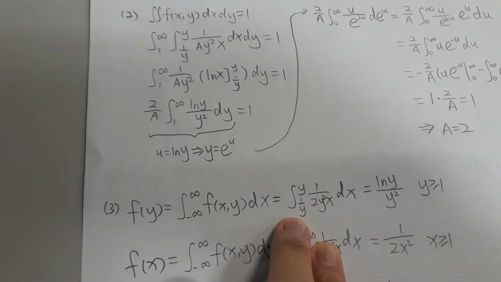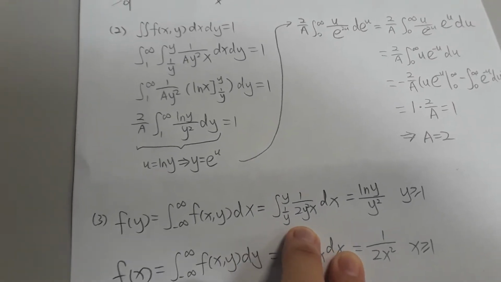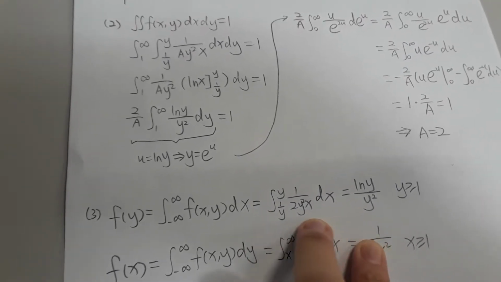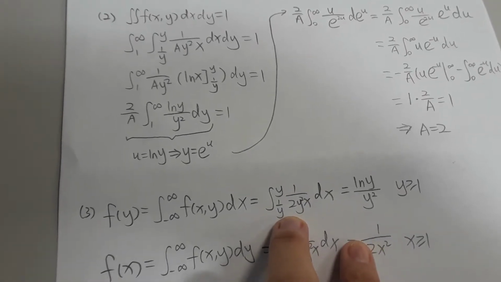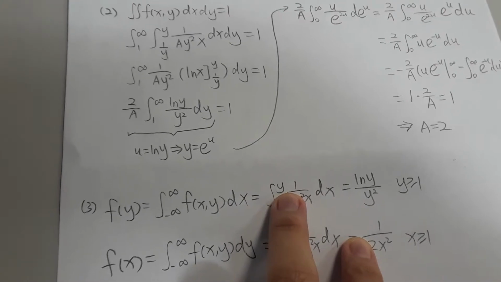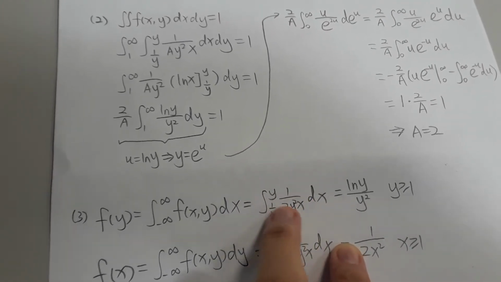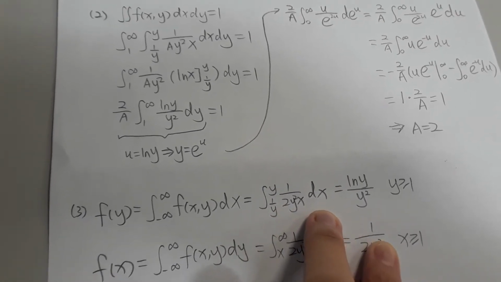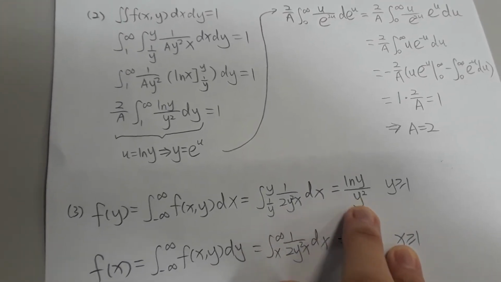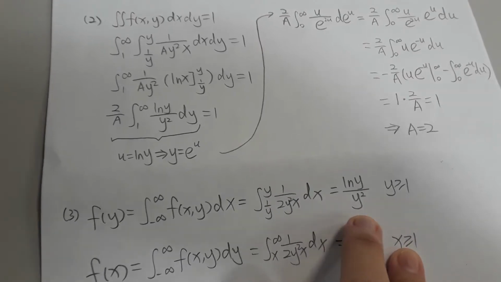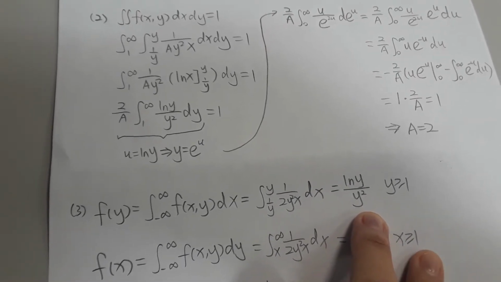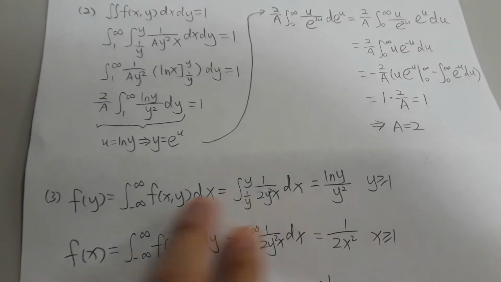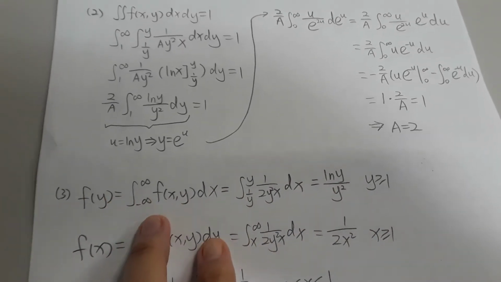And because we already know the range of x and the value of a, this equals the integral from 1 over y to y of 1 divided by (2 times y squared times x) dx, and that should be ln y divided by y to the power of 2 when y is greater than 1. And this is the marginal function of y.